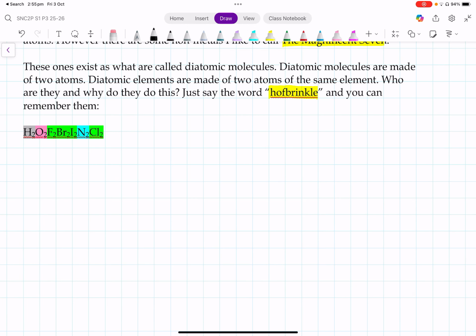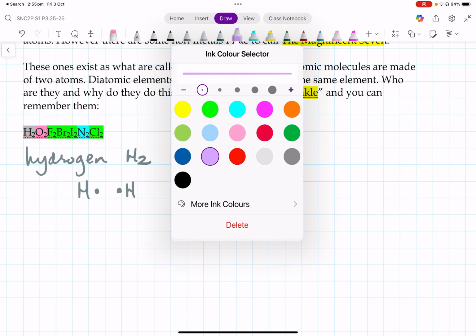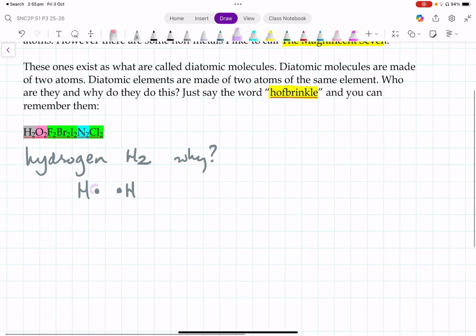So if we consider first hydrogen. Okay, so hydrogen exists as an elemental form with the chemical formula H2. Why? Well, if you had pure hydrogen, that means you only have hydrogen atoms. And really simply, if two hydrogens were beside each other and one said, hey, I need an electron, and the other said, I need one too, they would share.